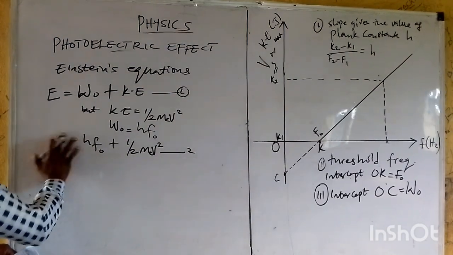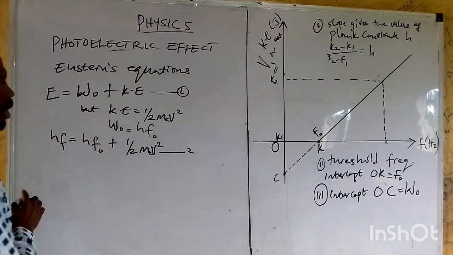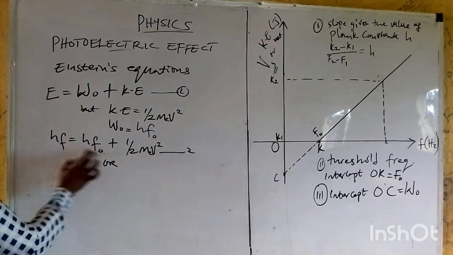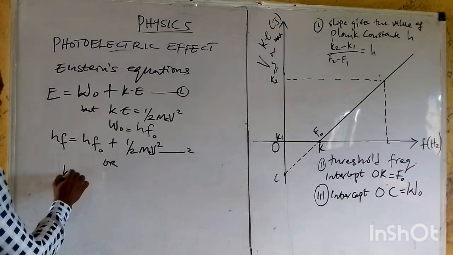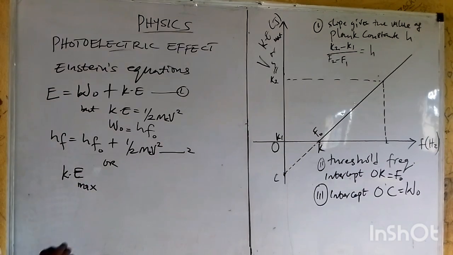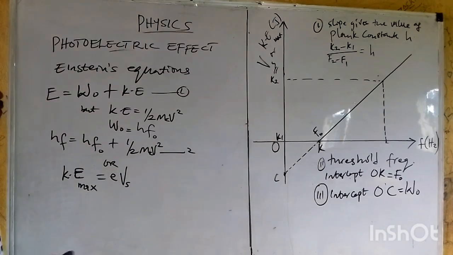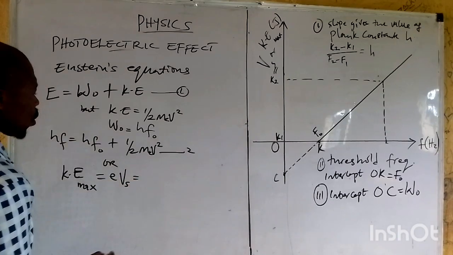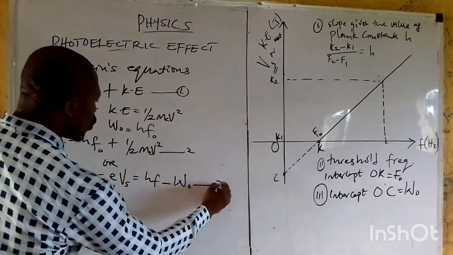Remember that this energy E is hf. Or we can have maximum kinetic energy equal to eVs, where Vs is the stopping potential, which gives hf minus the work function, equation 3.